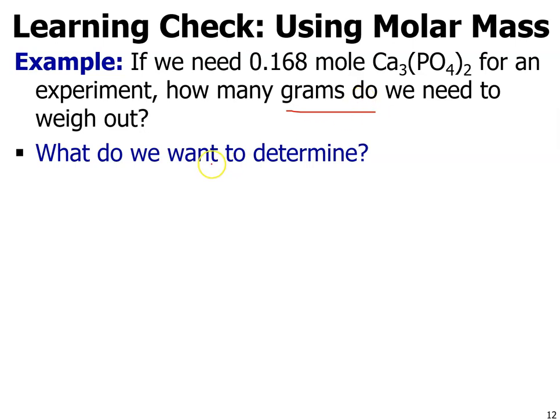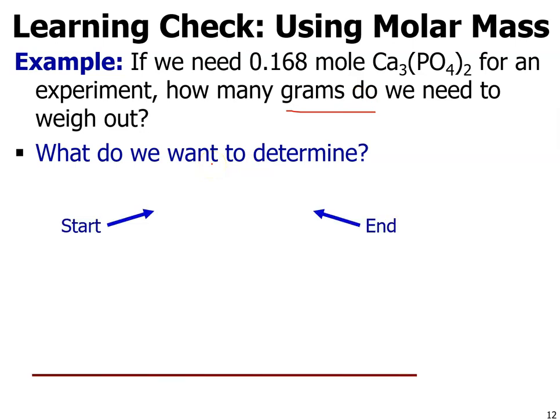What do we have? Our starting point is going to be 0.168 moles of calcium phosphate. And the end point, we want grams of calcium phosphate.